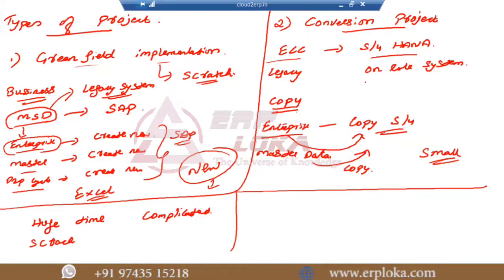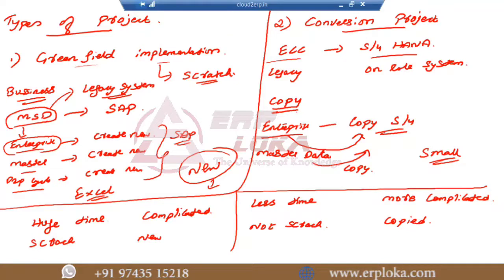When we say conversion project, this takes less time, but it is more complicated than the Greenfield implementation. I'll explain how it is more complicated. Here we are not going to create from scratch. In Greenfield, everything is getting created newly. Here, everything is getting copied.